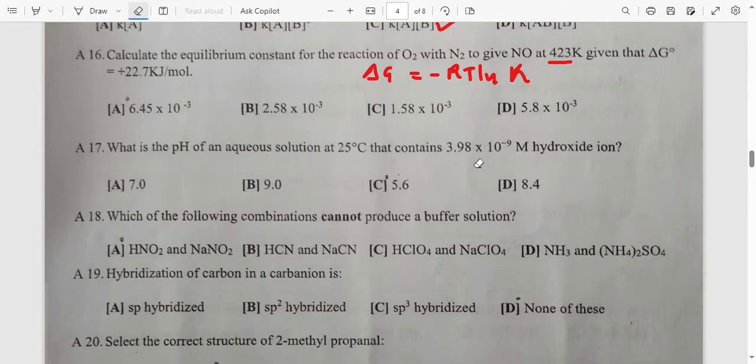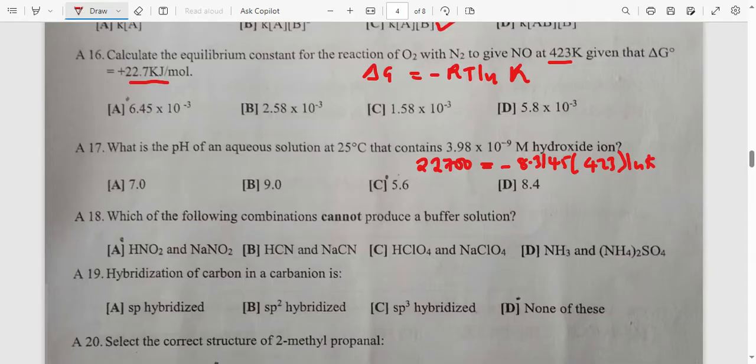Your value should never be in kilo. This value is given in kilojoules per mole, but it should be in joules per mole. So delta G should be in joules per mole. Instead of 22.7, this should be 22,700. You multiply by 1,000, and that should be equal to negative R, 8.3145, and then multiply by temperature 423, natural log of K. 8.3145 times 423.